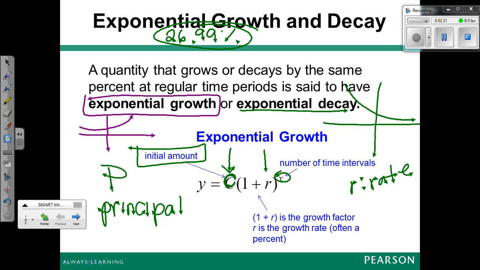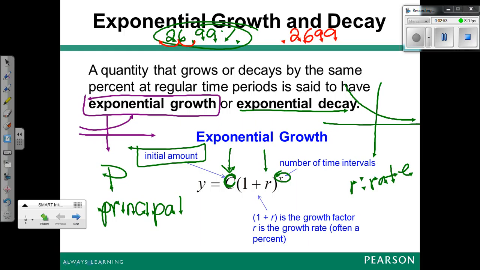When we solve these problems, we're always going to consider the interest rate in decimal form. So if my interest rate was 26.99%, in decimal form we move the decimal point 2 units to the left because we're actually dividing by 100. So it will be 0.2699.